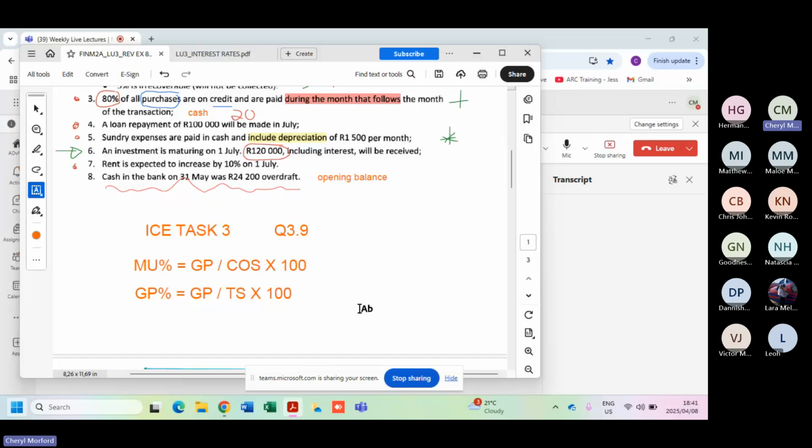Now, if we know what the GP percent is, surely we can find out the gross profit. So here, I'm just going to give you a hint. Let's change the color there.